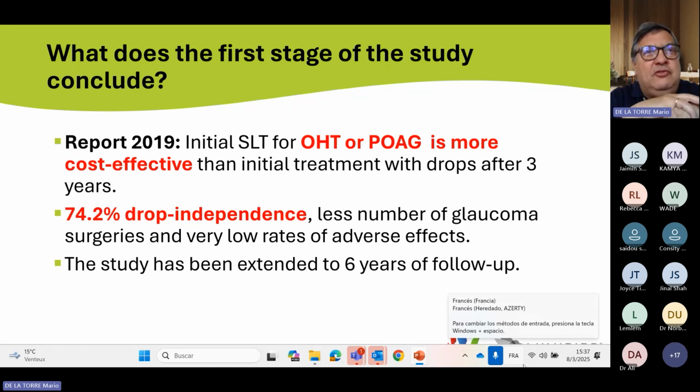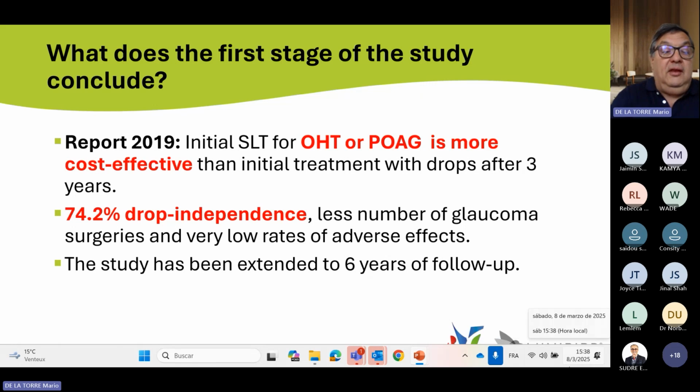This is extremely important. I come from Latin America, and we have sometimes the same problem that we have in Africa. In Africa and in some parts of Asia, the costs of medicaments are very high. And okay, you can tell me that the laser could be one cost, but it's one time, and we have time to observe the treatment. Anyway, the result shows us that the initial SLT is more cost effective.